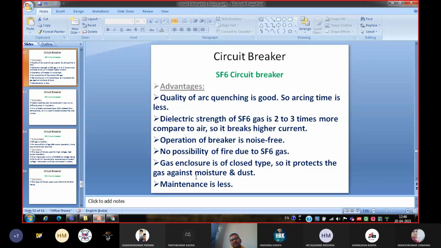Which atmospheric effect? That is, moisture and dust will not enter into the gas, because it is of closed type. So we can say that there is no atmospheric effect on gas due to the fully enclosed type circuit breaker.